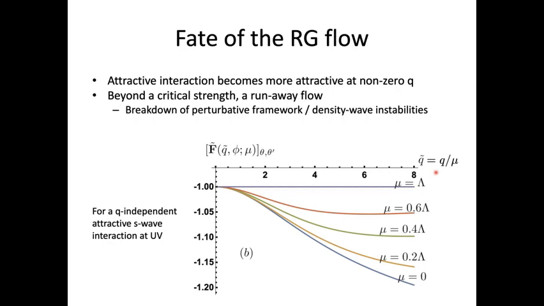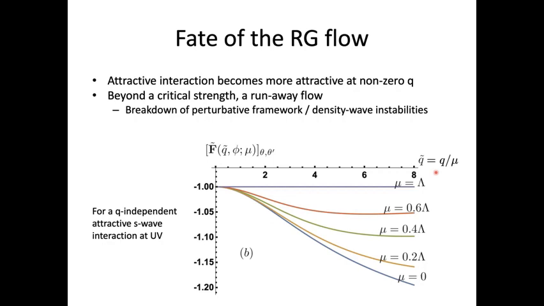Now, if the attractive interaction is very strong, then at least the perturbative calculation suggests that the first instability happens at non-zero Q. That would, at face value, imply an instability in some density wave channels.